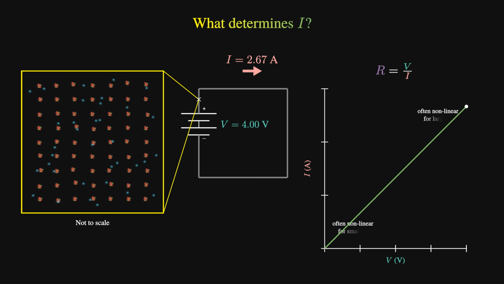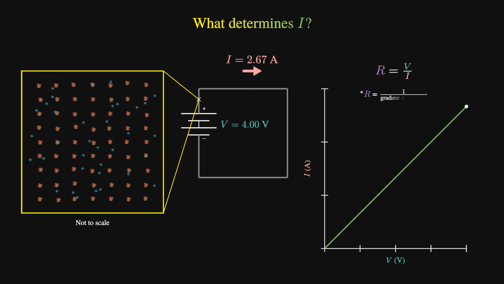There would be exceptions, usually for very large and very small voltages, which I haven't shown here, but generally, Ohm's law is very accurate. The electrical resistance is simply the gradient of this plot. We measure the resistance in ohms, denoted by the capital omega symbol, which are also equal to volts per amp.